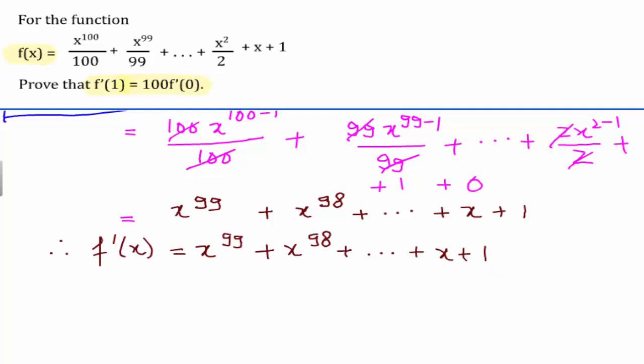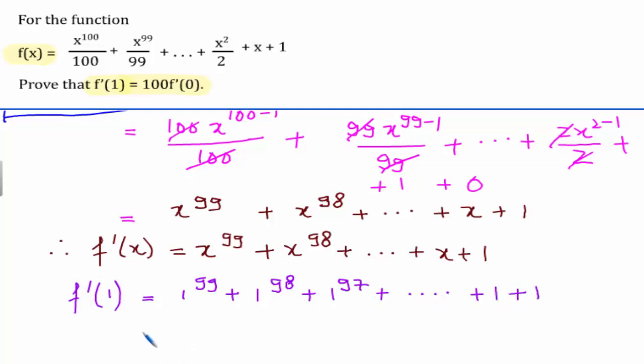Now let us find the derivative of the function at x is equal to 1. So we get 1 raised to the power 99 plus 1 raised to the power 98 plus 1 raised to the power 97 plus so on plus 1 plus 1.